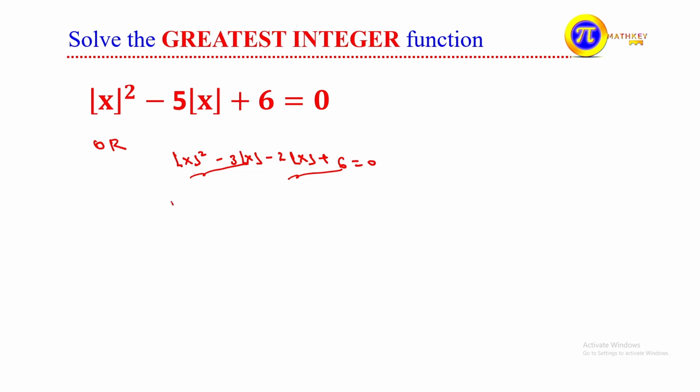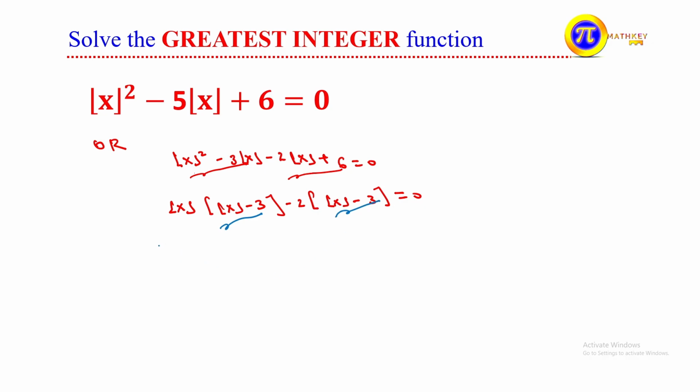But the result, this implies the greatest integer x into the greatest integer x minus 3 minus 2 into the greatest integer x minus 3 is equal to 0. እዚህ ጋር observe ስናደርግ, here is common for both, የጋራ ነው.